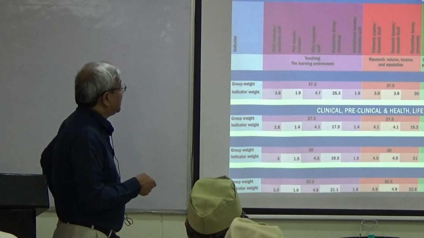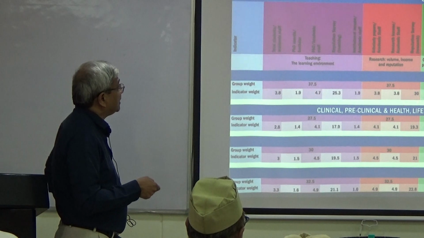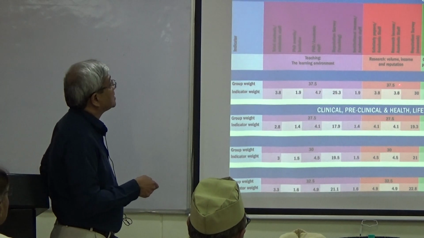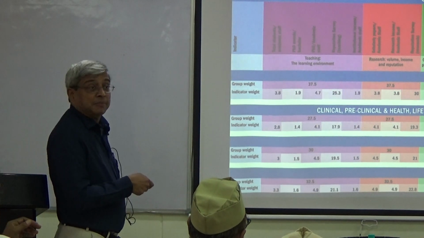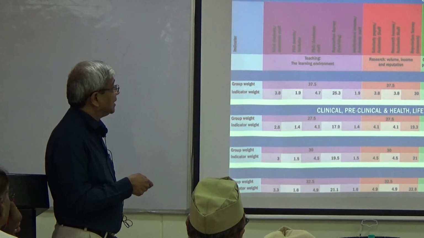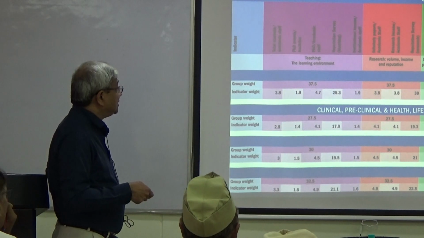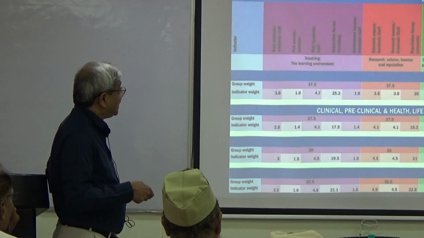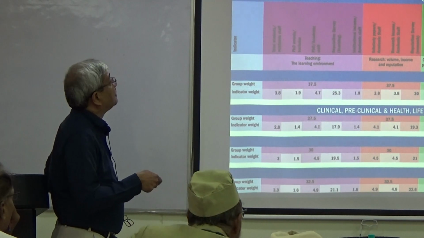And then for subject rankings, they have slightly different weightages. For example, in clinical, in arts and humanities, more weightage is given to teaching and research and less to citations per paper. It's only 50% for them. Whereas in engineering and technology, you have more weightage given to citations per paper compared to this.